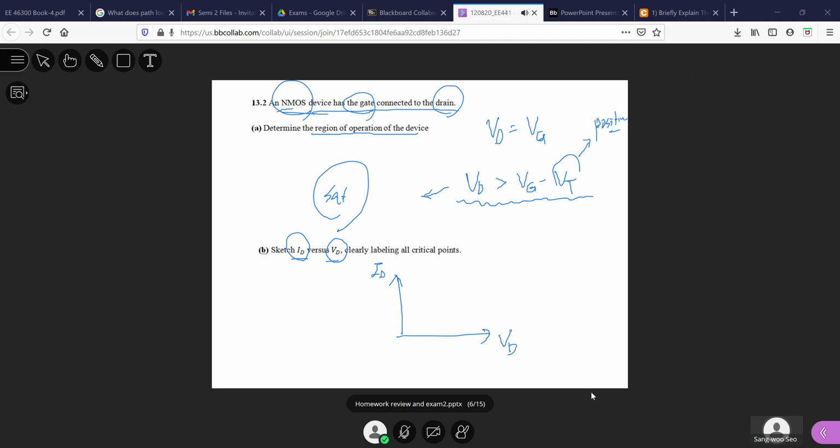If you plot this at saturation, we're going to see that the curve is something like this. It's a little bit parabolic, and it starts at VT. So it follows this kind of drain current versus voltage characteristic. That will be the answer for this question.